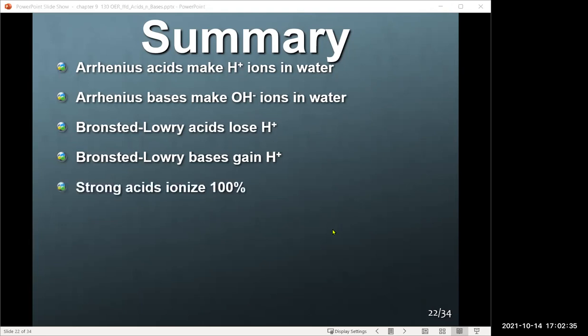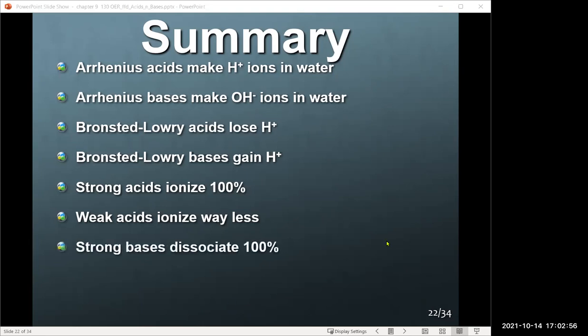Okay. Strong acids dissociate, ionize. Ionize, dissociate, same thing. They break apart 100% approximately, whereas the weak ones much less. Most of it is still intact, but we do have to show a few ions in solution.